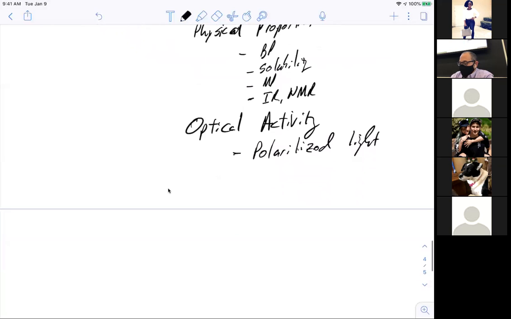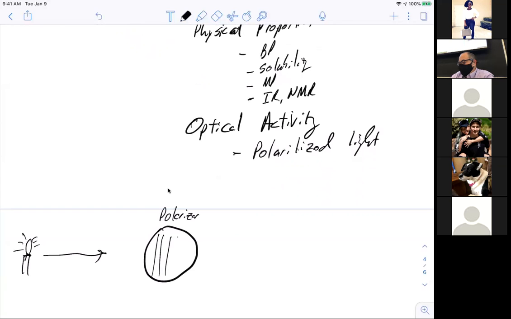So if we think about light, we have light over here, a little light source, and then we have a polarizer. You can't see this in a polarizer, they're really small. But what we have over here is all kinds of wavelengths going in all kinds of directions, right? And when it comes through, all of those wavelengths of light have to be going in the same direction. So it aligns all of those.